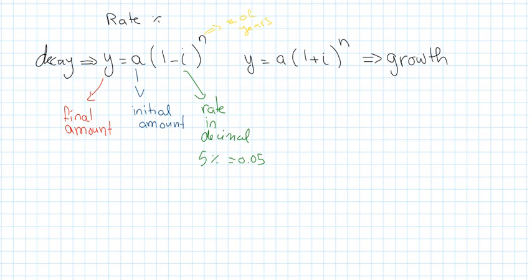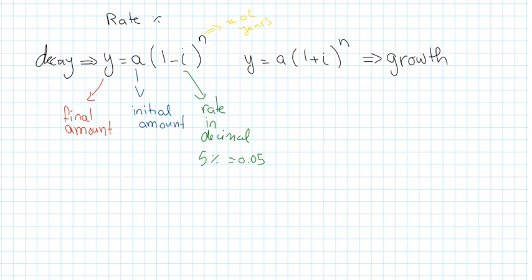As I said, the only difference is that it's 1 plus i or 1 minus i. And the difference becomes the following. If I have growth, if the question says you put an amount in the bank and you're getting 5% interest every year, you're going to get more money on top of your initial amount. Does that make sense? So let's say this is your initial amount.